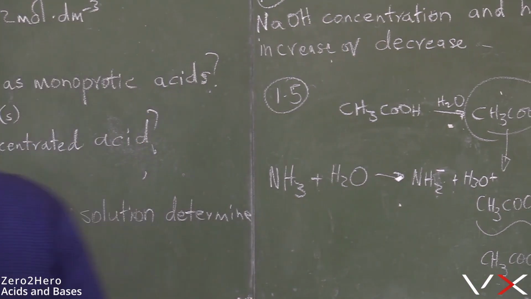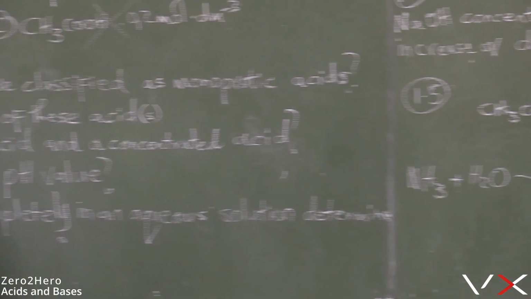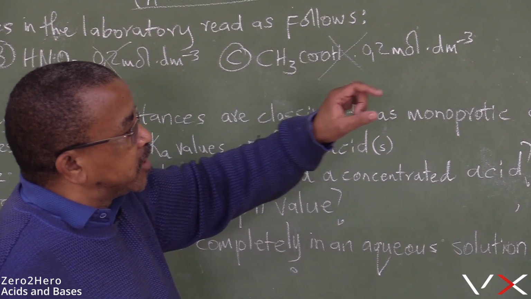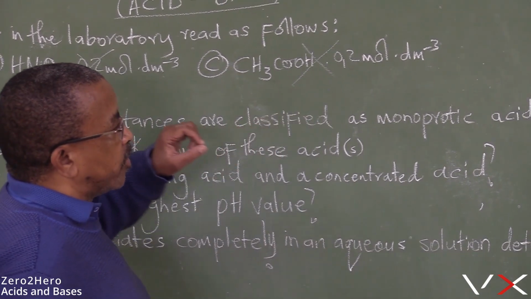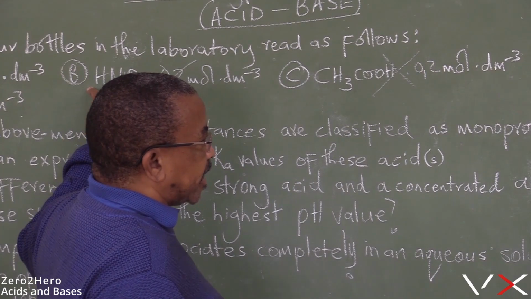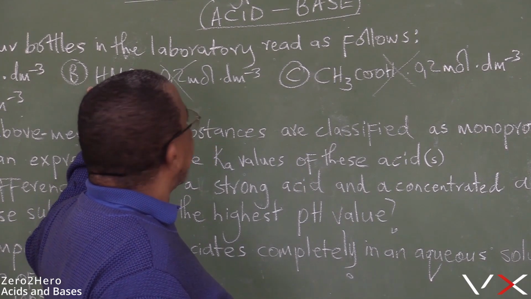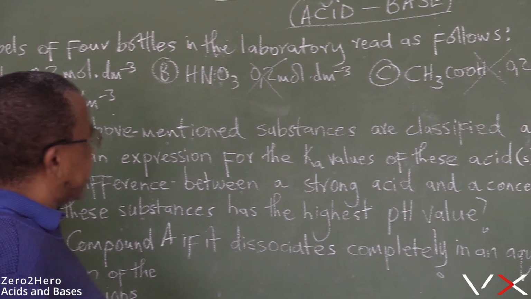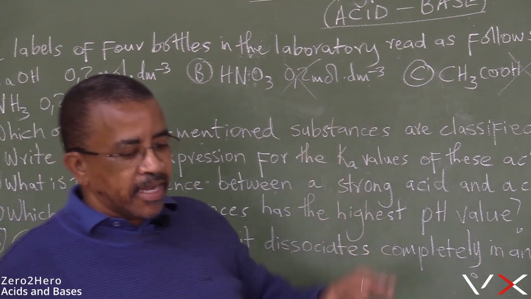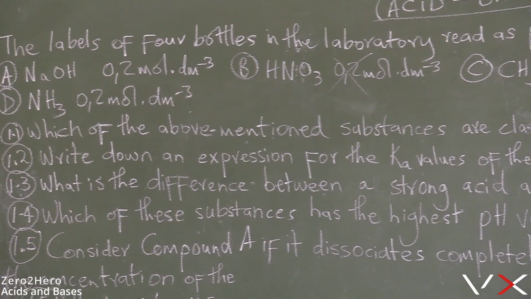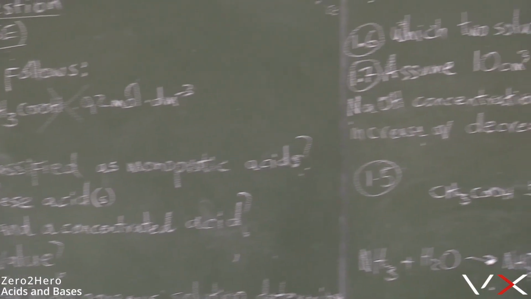So the two solutions that can react to form a salt of pH less than 7 are NH3 and HNO3. So it's P and D. These are the solutions that will give us a low pH, a pH which is less than 7.